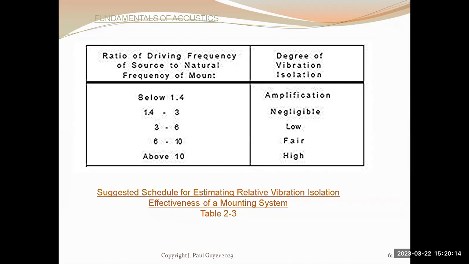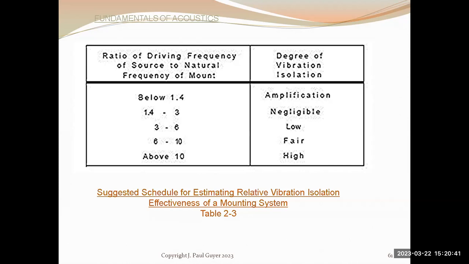If it is less than 1.4, that's getting close to the natural frequency of the spring and fan system, and therefore you're getting dangerously close, you might say, to having a resonant frequency failure.